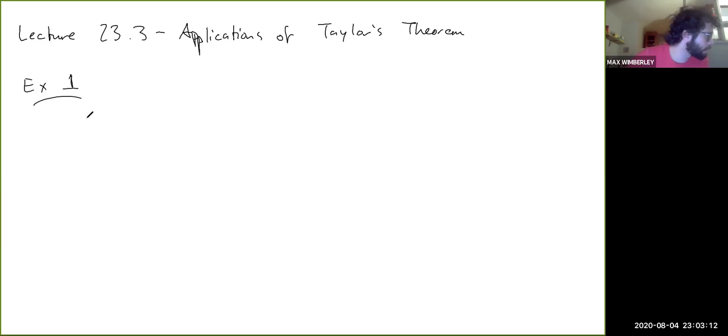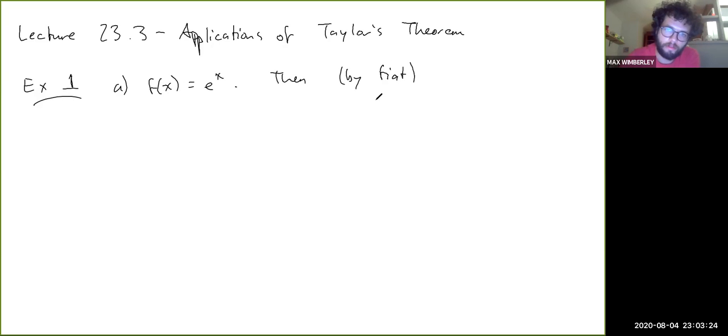let's look at f of x equals e to the x, right? Then let's say by fiat, we haven't actually shown anything. We haven't actually defined e to the x. But let's just assume that we know that all the derivatives of f of x are just e to the x.